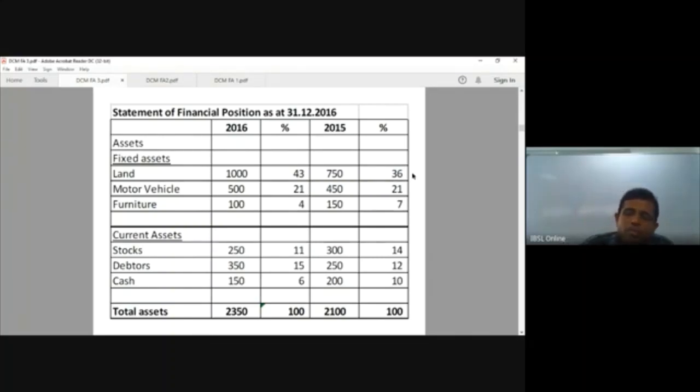What is the benefit of having this vertical analysis? Now, this vertical analysis definitely benefits in one point, where the two companies that we are comparing are of different size.